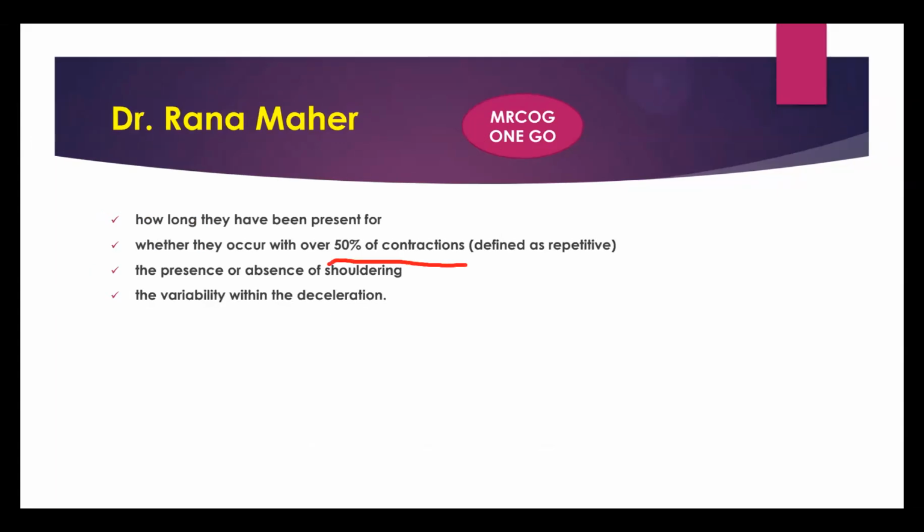And this is another difference, and it was like a joke with my course candidates about the word repetitive. They changed one word, but why? Leave it like the old one, we are all familiar with 50% of the contractions, but they removed this word in the deceleration and replaced it with repetitive. Then the presence or absence of shouldering, and the variability within the deceleration.